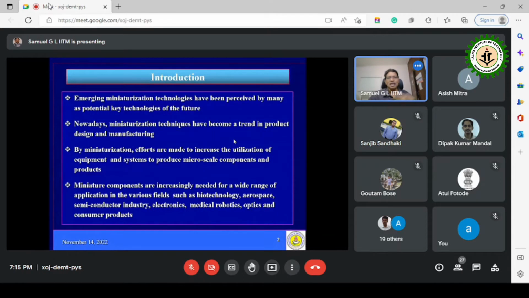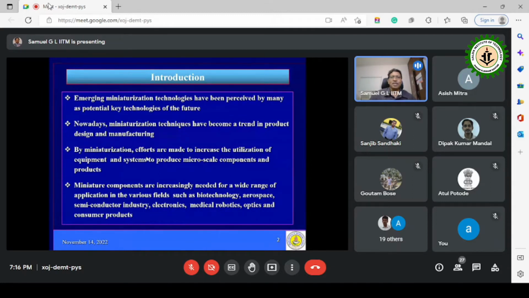These miniaturized technologies are playing a very important role, not only at present, but also in the coming days. Why this miniaturization trend is very important is that by miniaturization, we can reduce the amount of energy used, the amount of space used, and the noise produced.